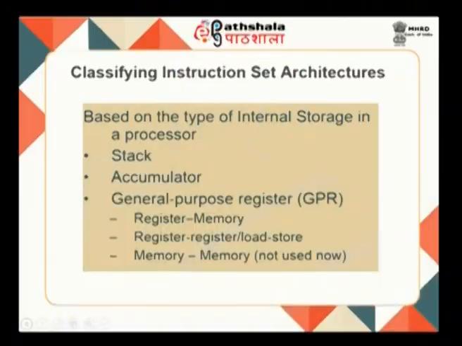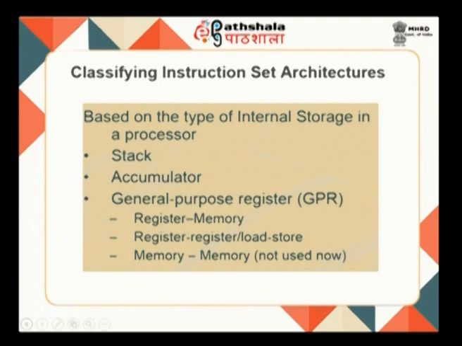If you look at the taxonomy of instruction set architectures, the ISA is basically classified based on the type of internal storage in the processor, that is, how the operands get stored in the processor. One is a stack based ISA, the second is an accumulator based ISA, and the third is a GPR or general purpose register based ISA.